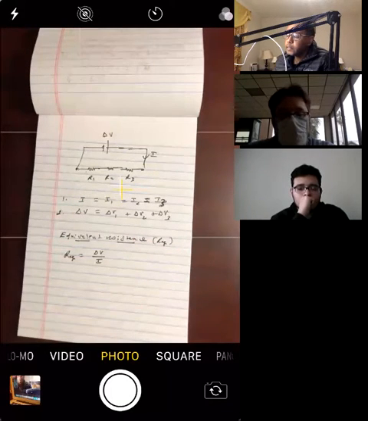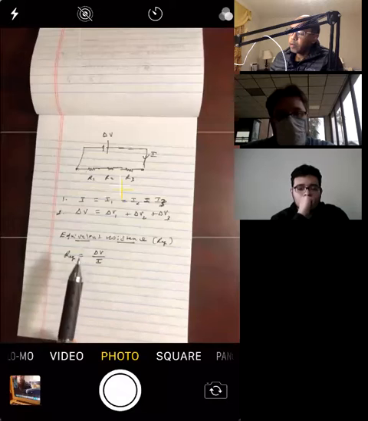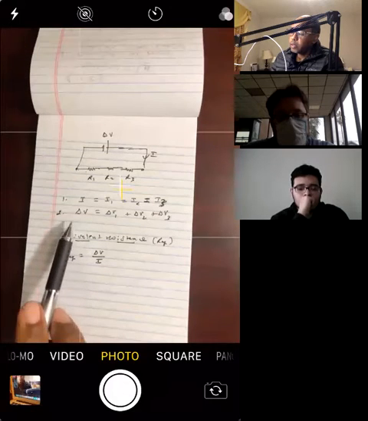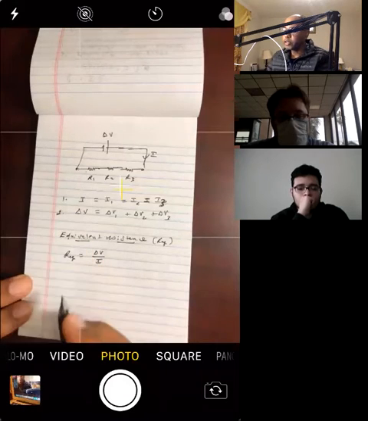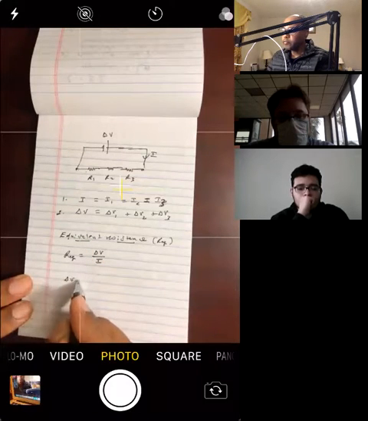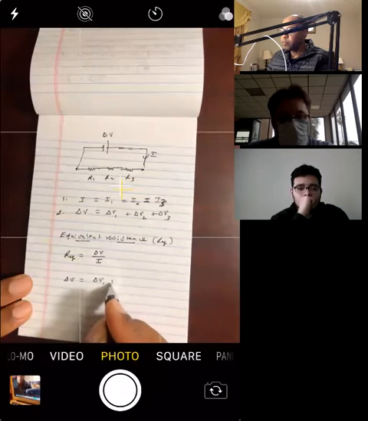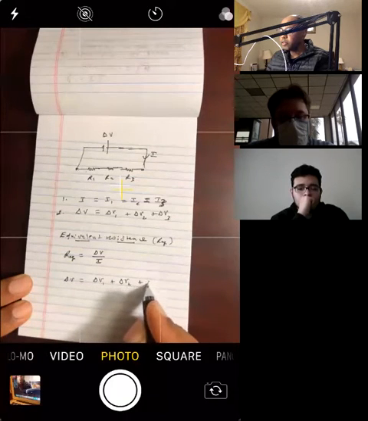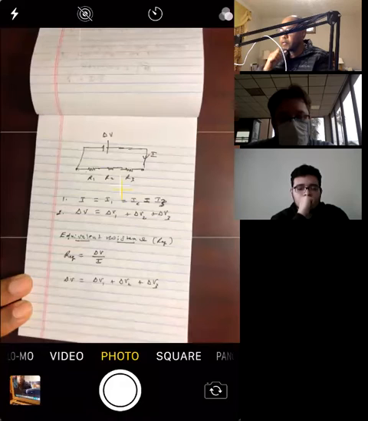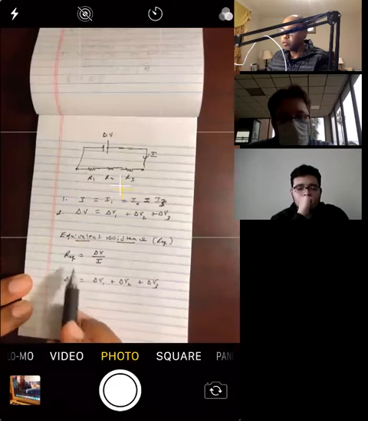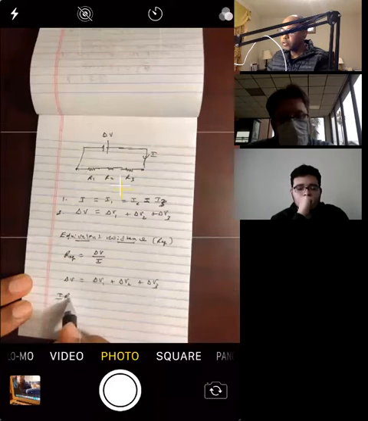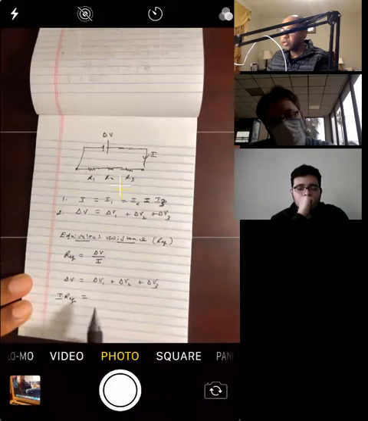Okay, so now let's use this formula to express this in terms of current. Let me start from the second formula over here. So you've got delta V equals delta V1 plus delta V2 plus delta V3. Delta V is current times Req, using Ohm's law. This is the current, the same for all of them.